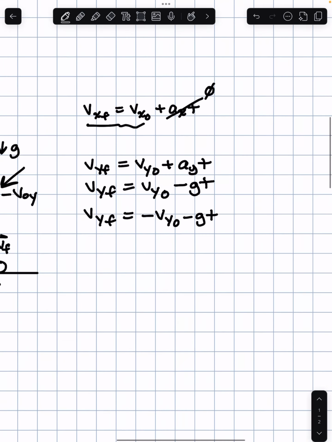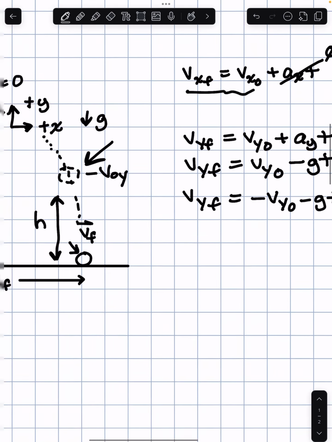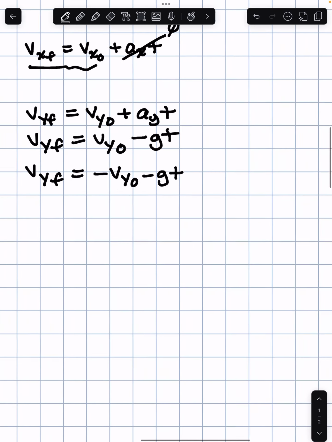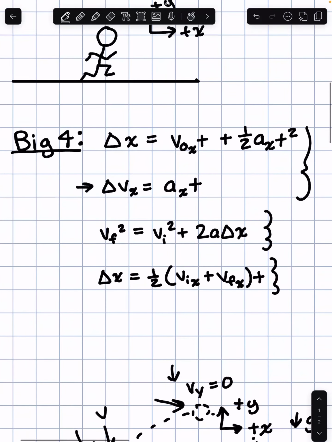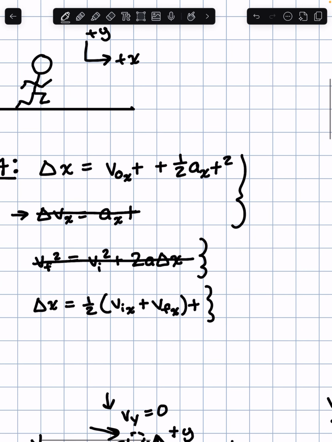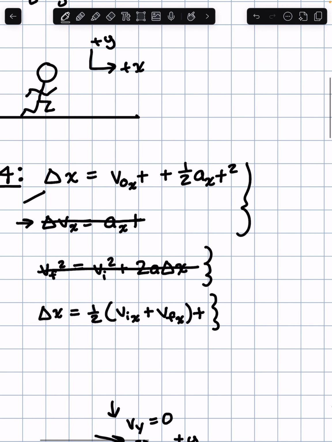So now let's find the t, the time it takes for our ball to hit the ground from this position. So we've already exhausted the second equation. We can see that this third equation will not help us get time. So let's use this first equation.